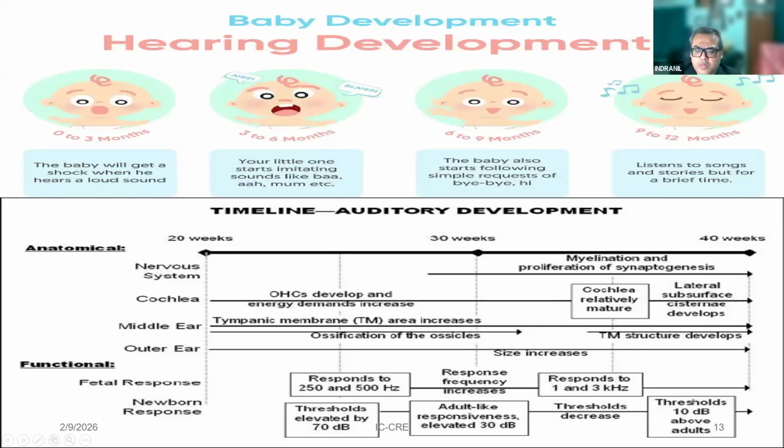This is called fetal testing. A newborn's response thresholds are elevated by 70 dB at least, and adult-like responsiveness is elevated 30 dB. Around 30 weeks, they can differentiate different stimuli. Then at 40 weeks, that child can even learn sounds like an adult.